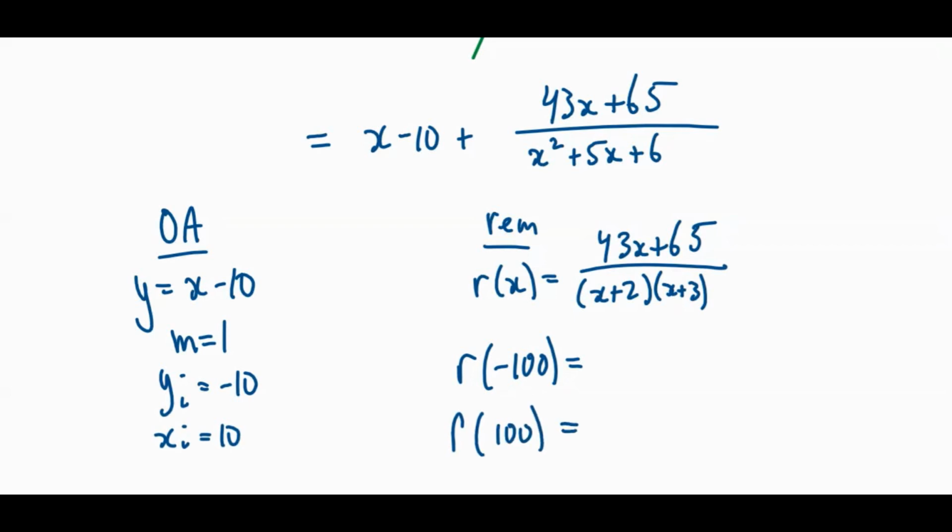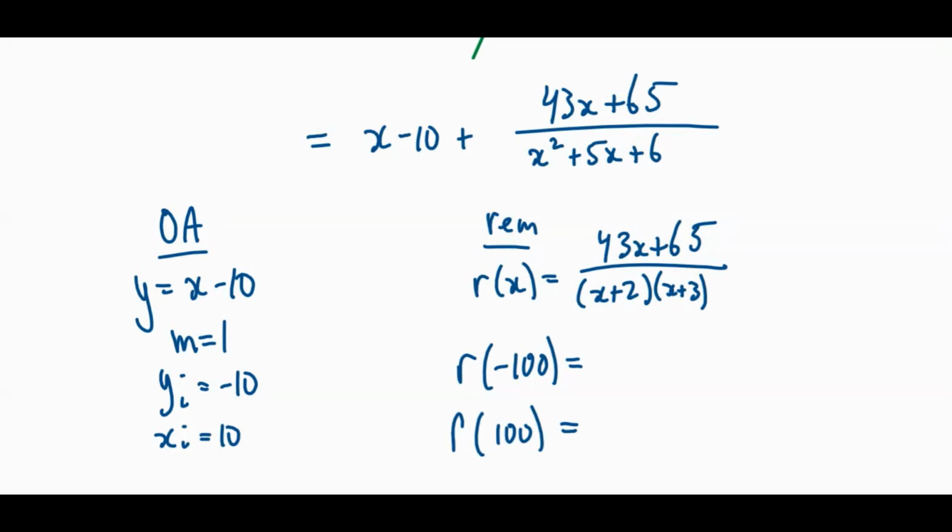Big values for x, and then we're only going to care if the remainder is positive or negative. This is not true for horizontal asymptotes. Remember we talked previously, but for this it works. So if I put negative 100 up here, that's negative 4,300 plus 65. That's obviously negative. This is obviously negative, and this is obviously negative.